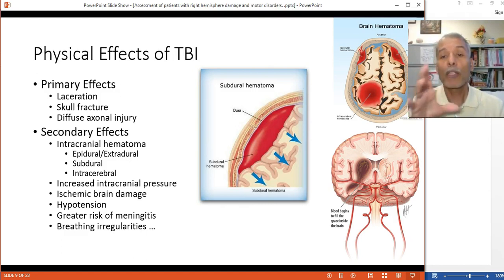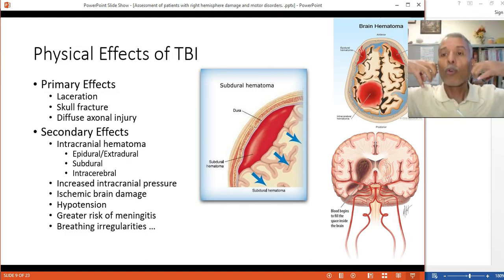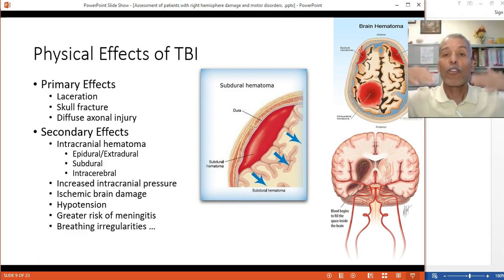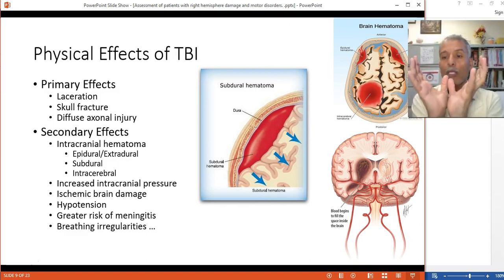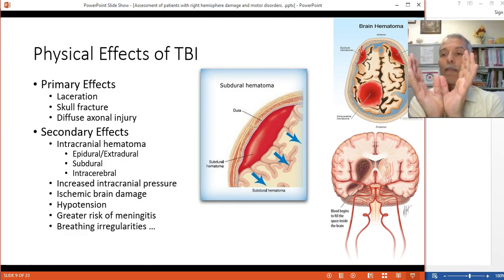And if that blood vessel is big, the pressure is going to continue above and push down on the brain. It could push huge parts of the brain down toward the brain stem. And gradually, if that's severe enough, the brain is like a cone or like a funnel.